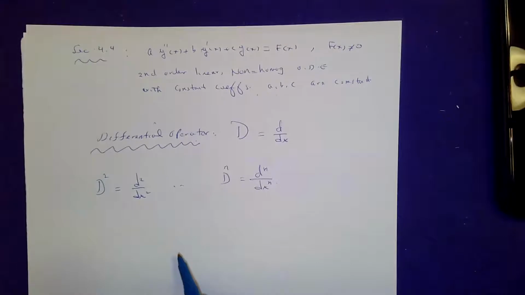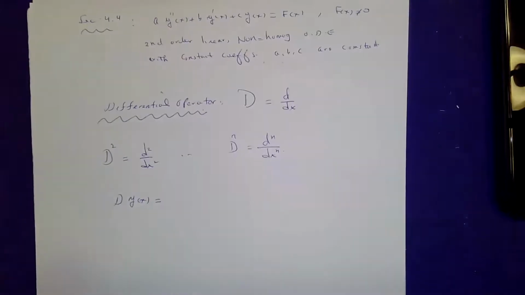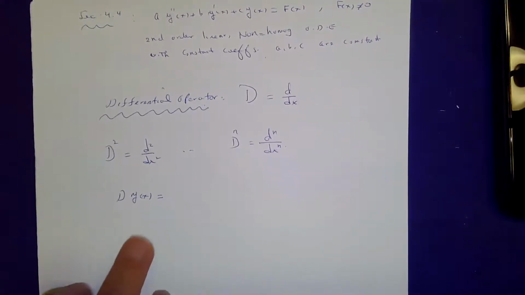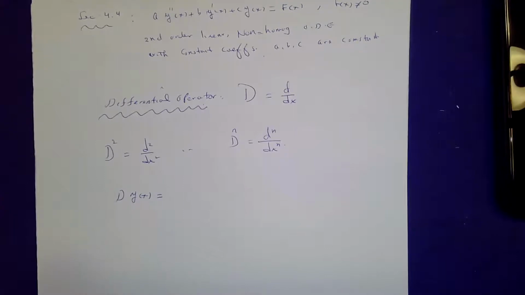So what does that mean? That means if I have D of y of x, can you tell what that means? What is D of y of x? You want to take a wild guess on that? D attached to y of x. What do you think that means? Wild guess.